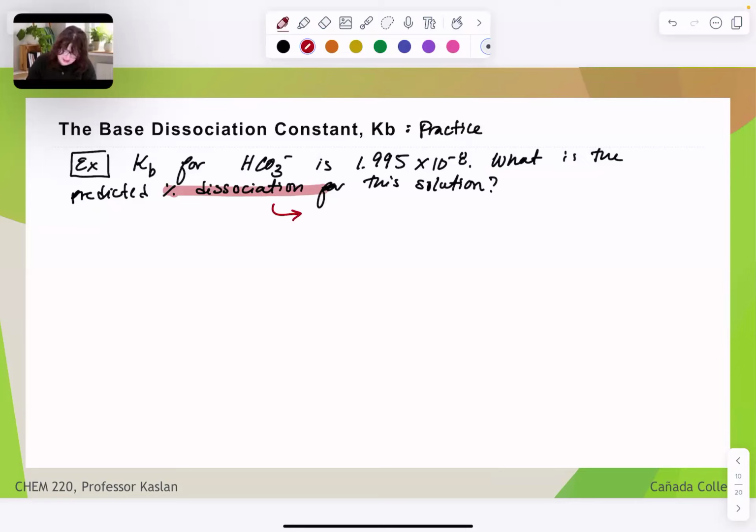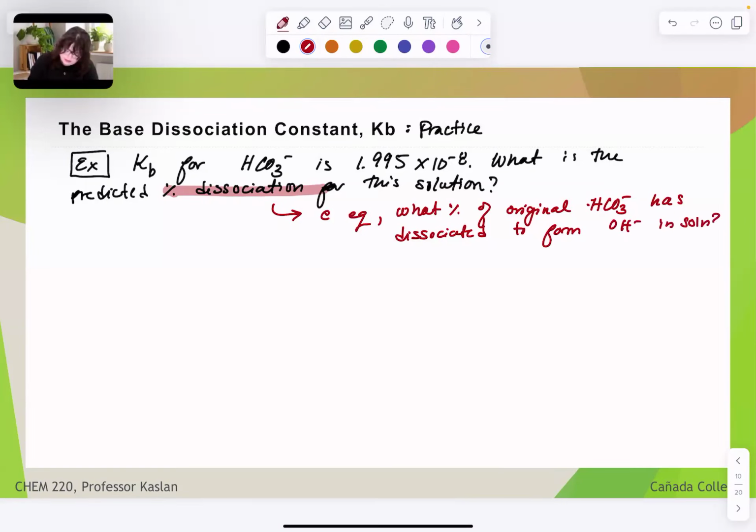This is us asking, at equilibrium, so once we've achieved our dissociative equilibrium state, what percent of the original HCO3 minus has dissociated to form or contribute hydroxide ion in solution?